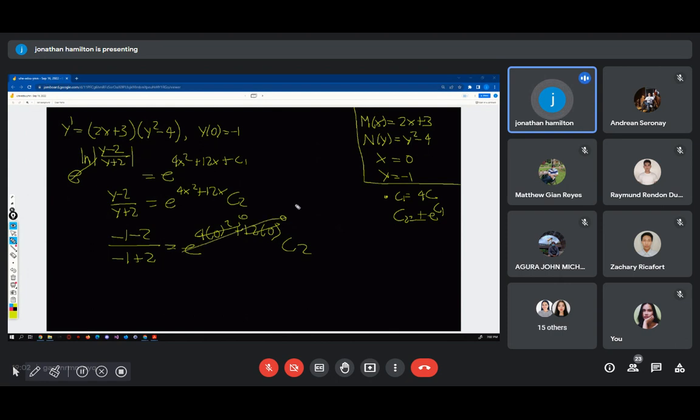And then e raised to 0, kaya mahimo siya og 1. And then on the other side, so we can say this is C2. Did into left side, we have negative 1 minus 2, that's negative 3, over negative 1 plus 2, which is 1. So that will become negative 3 over 1, which means we could say our C2 is, our atom value of C2 is negative 3.